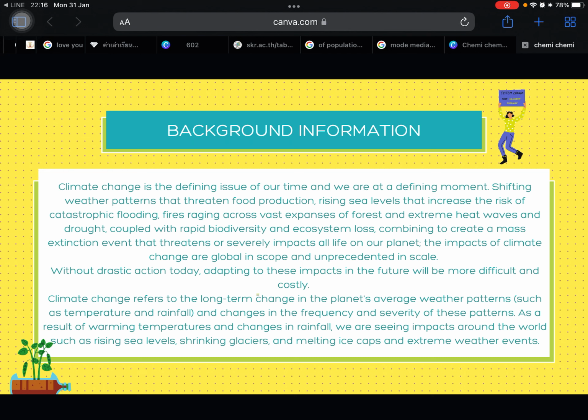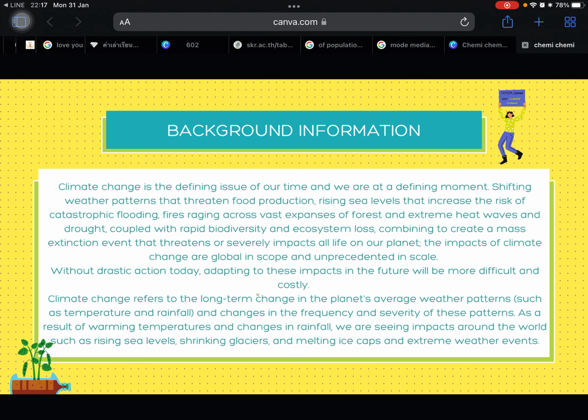The impacts of climate change are global in scope and unprecedented in scale. Without drastic action today, adapting to these impacts in the future will be more difficult and costly.